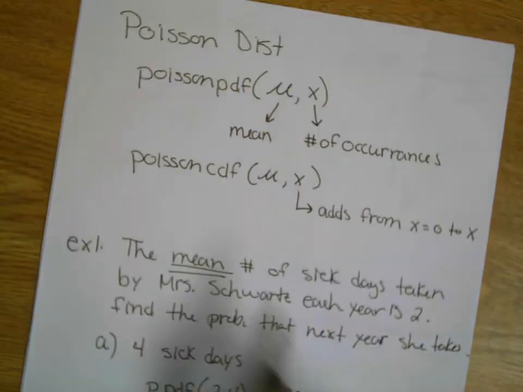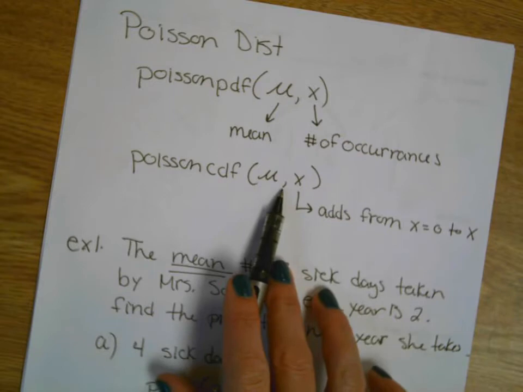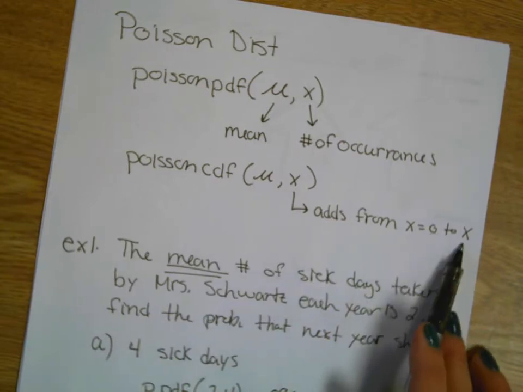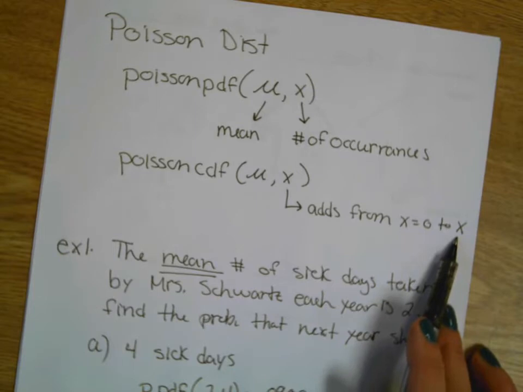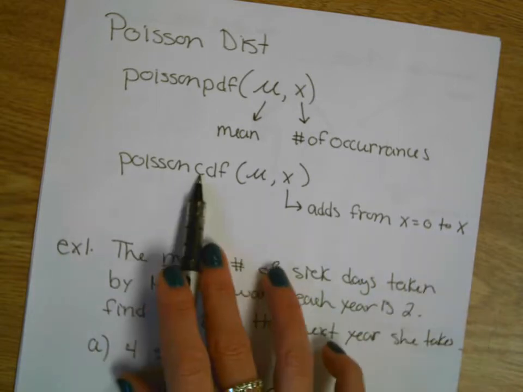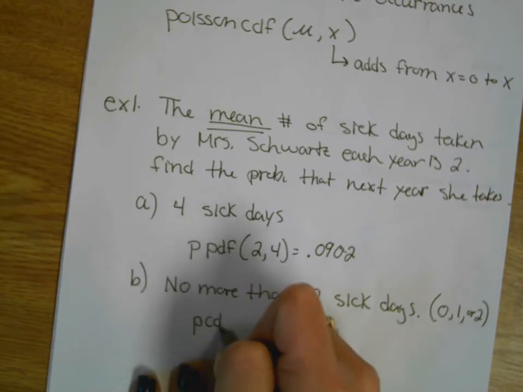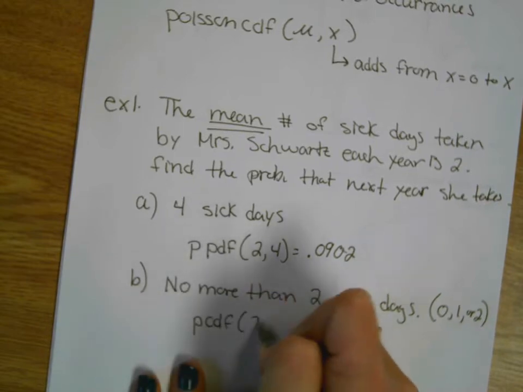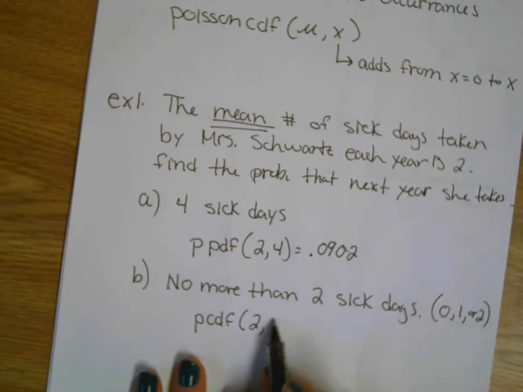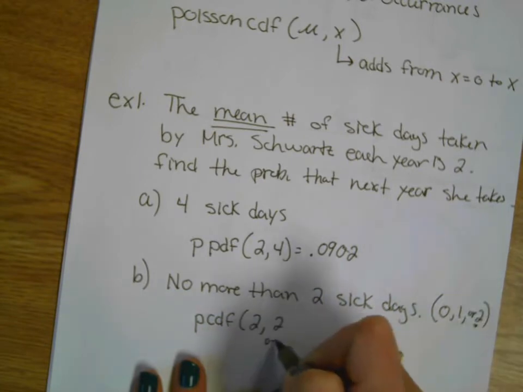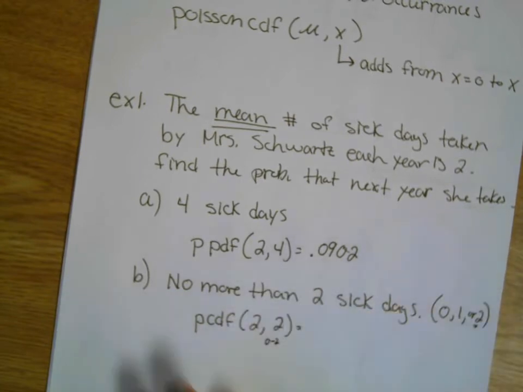Yes. Now take a look at what Poisson CDF does. It starts adding from 0 and will stop at whatever X number we put in. So if we use the Poisson CDF, 2, comma, what X number do I want to put in here? 2. Because of this, that will add 0 through 2.